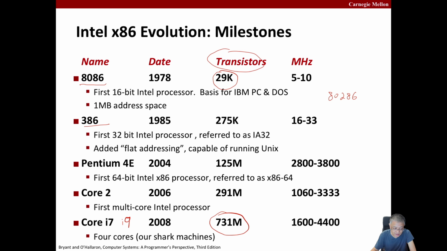The Intel has this concept called backward compatibility. It means that today's processor, like Core i7, can still run software written for the 8086.